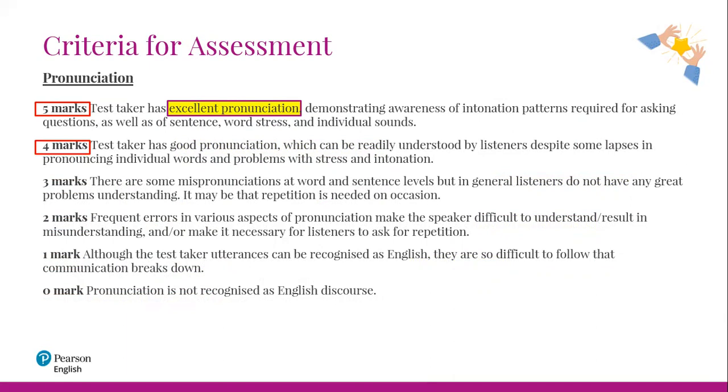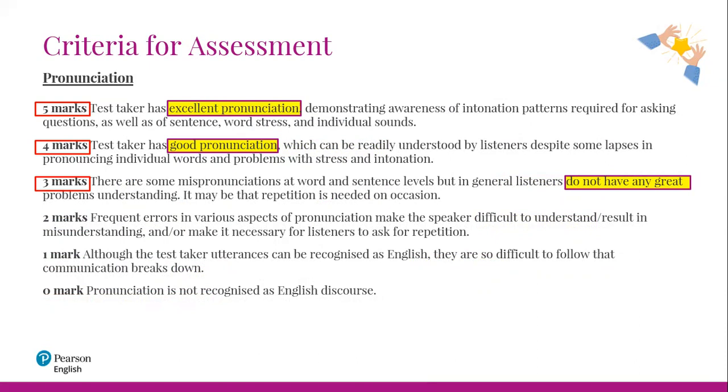4 marks mean that the pronunciation is good pronunciation, readily understood. There are some lapses in pronouncing individual words. There might be some problems with stress and intonation, but all in all, the pronunciation can be named good. 3 marks, well, there are some mispronunciations, but generally we do not have any great problems understanding, right?